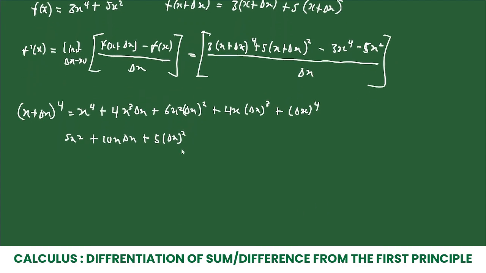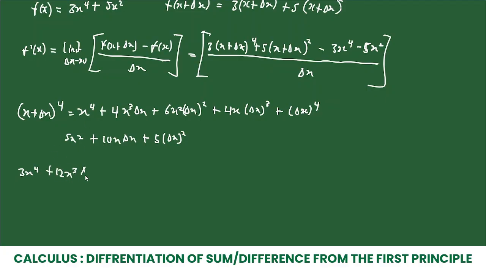Alright, so our numerator is going to give us 5x to the power 4, right? Plus, it's multiplying 3 rather. So that's 3x to the power 4, right?